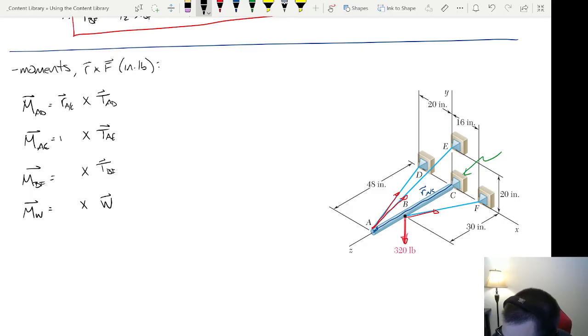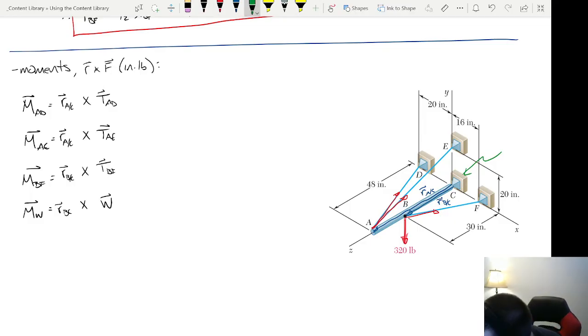And then for the remaining two, we're going to use that shorter position vector, RBC. And those are our four forces generating moment at C.